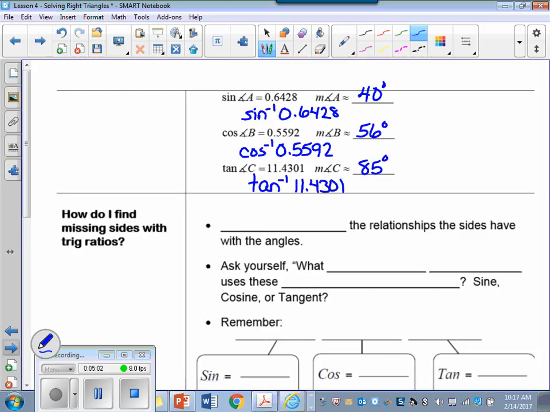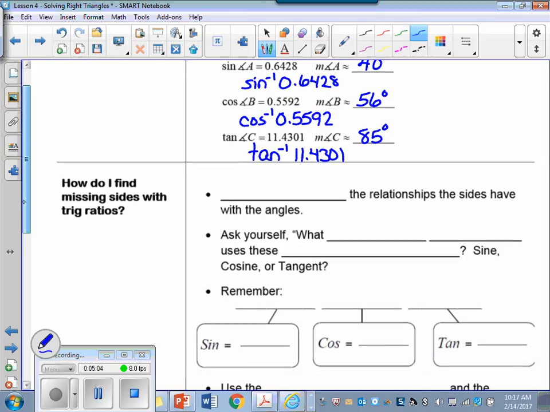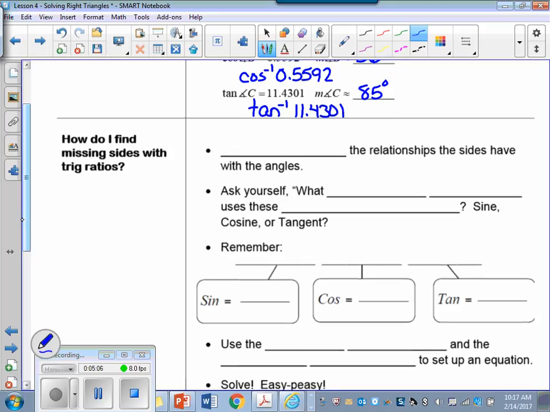So how do I find missing sides using trig ratios? Well, we need to identify the relationship the sides have with the angles. So opposite, adjacent, hypotenuse. And then we have to ask ourselves, what trig ratio uses these relationships?